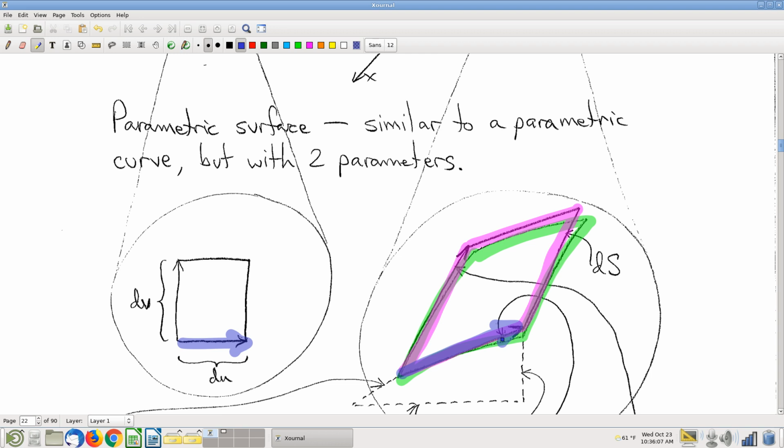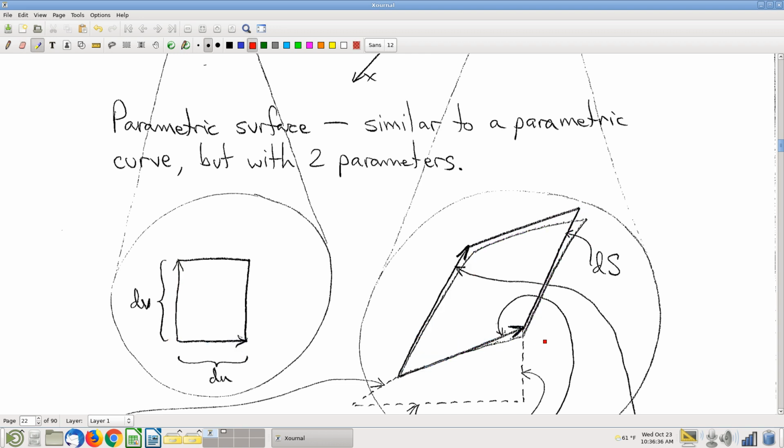And then likewise, this change would cause a change that I would linearly estimate with that arrow. And this purple parallelogram is just going to be the parallelogram that results from looking at the blue output vector and the red output vector. Right? And so if I can understand this parallelogram, then I can understand, as a close approximation, the piece of surface.